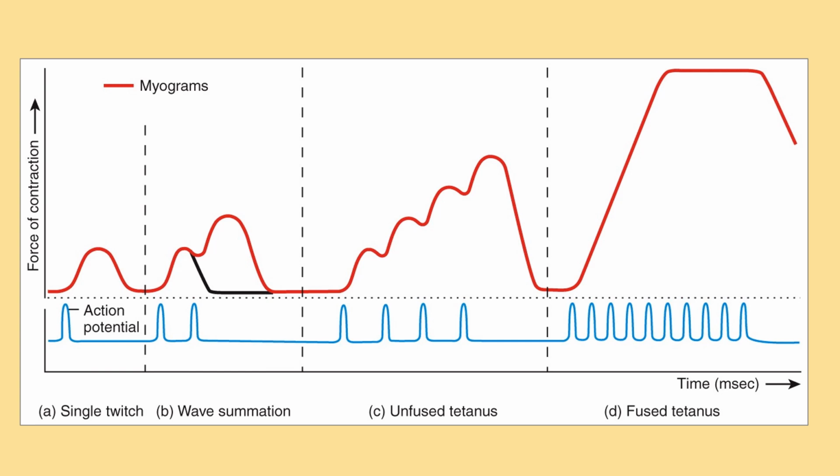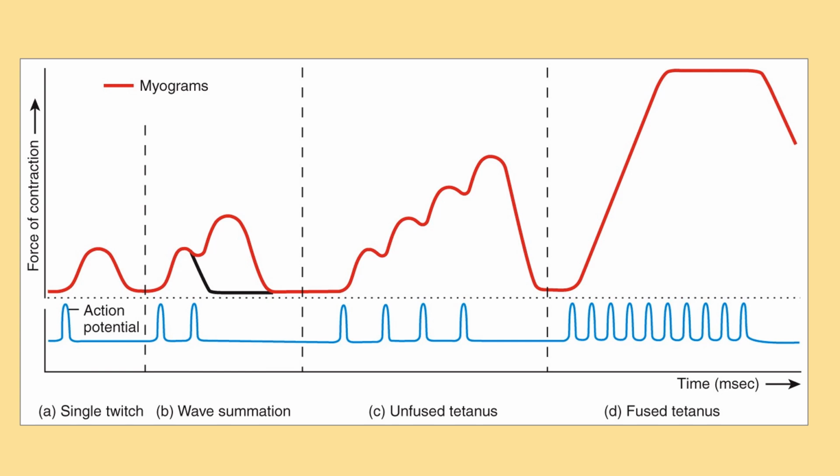That's unfused tetanus. And we call it unfused because we can observe in the force of contraction that relaxation begins. The muscle cell begins to get a little bit longer before the force of contraction increases again.